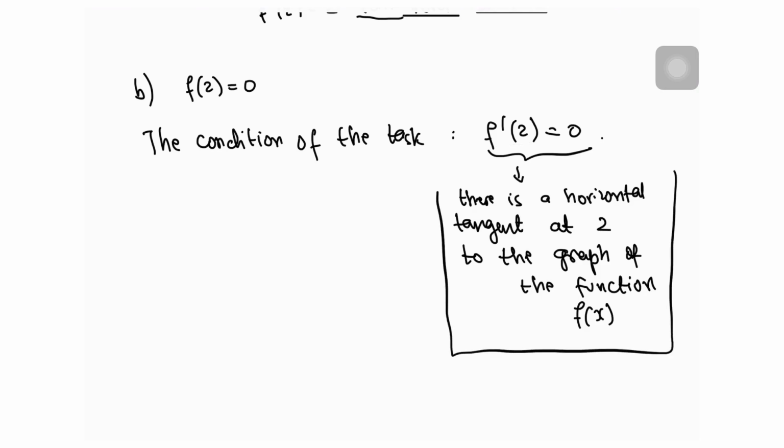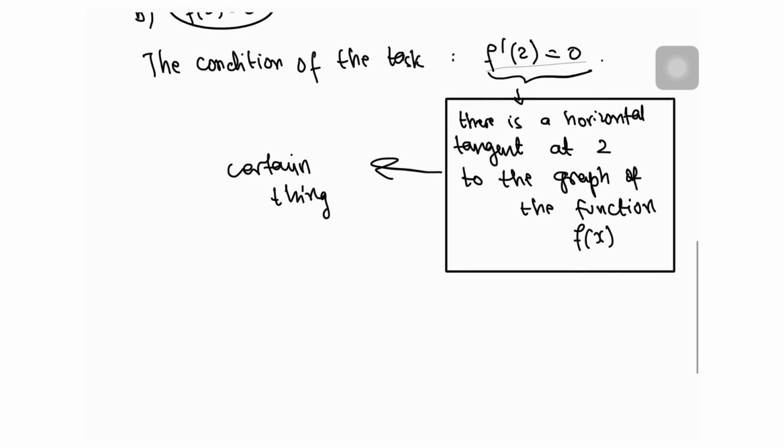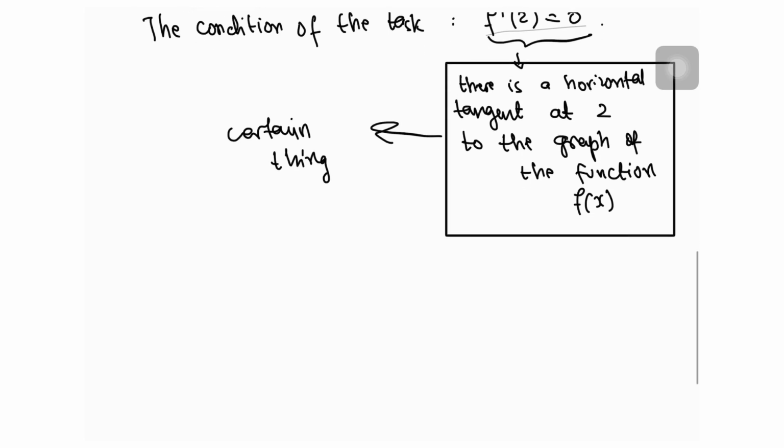So certain thing. And now the question is, okay, when we have that, can this also happen? We will see that this can happen. If you want to pause the video and try on your own to figure out how to find this function, you can do it, but the answer is this might happen.